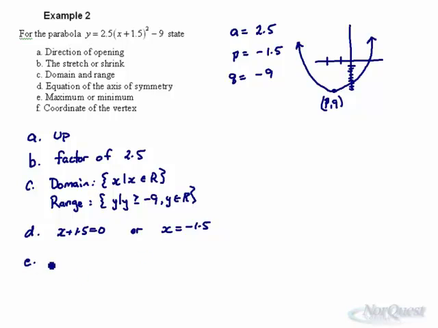The maximum or minimum, in this case is another minimum, and it's the PQ value, negative 1.5, negative 9. And the vertex, same thing. We usually use V for vertex, is going to be negative 1.5, negative 9.